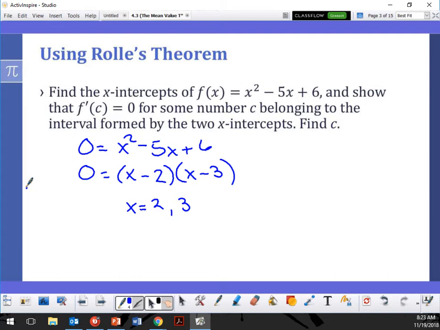Show that f prime is equal to 0 for some number c belonging in the interval formed by the two x-intercepts. So I need to find where the derivative is 0.